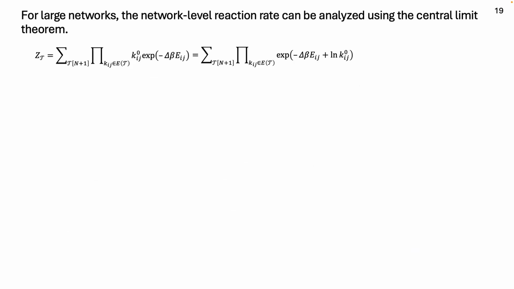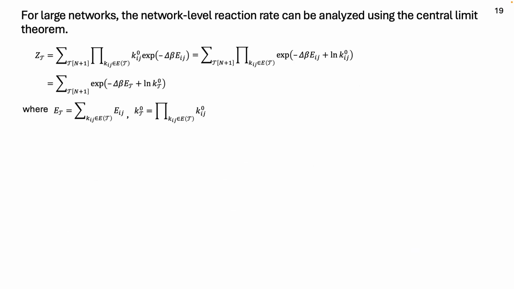Kij, we take the log, and it's in an exponential function, but the same thing. And then we define ET and KT. ET means the summation of Eij, the activation energy. And KT is the product of the reaction rates at the reference temperature.